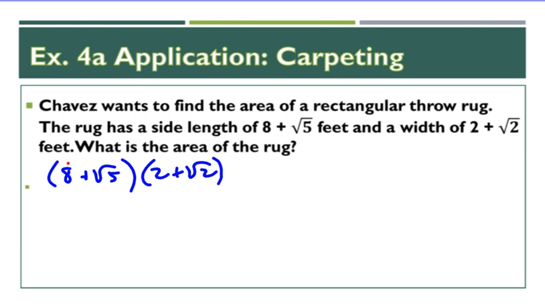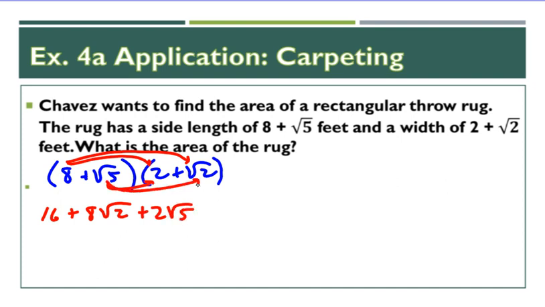Use FOIL. 8 times 2 is 16. 8 times the square root of 2 is 8 times the square root of 2. Square root of 5 times 2 is 2 times the square root of 5. Square root of 5 times the square root of 2 is the square root of 10. Nothing's in common, so I leave my answer as square feet.